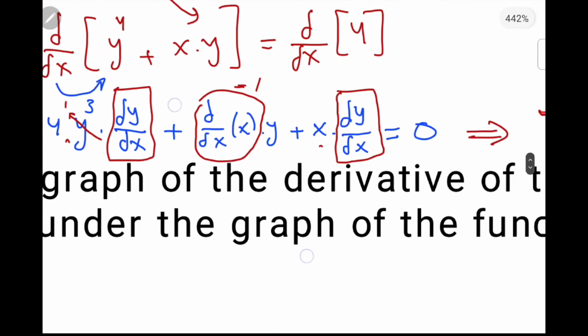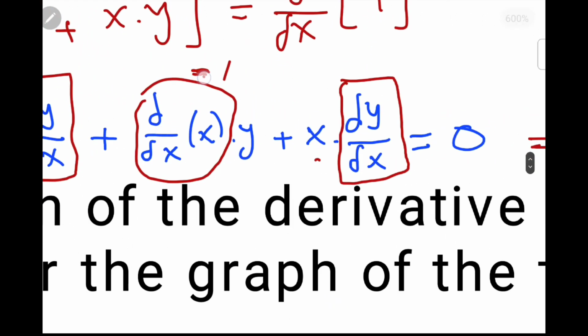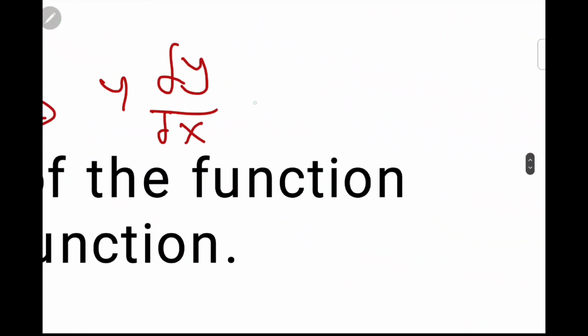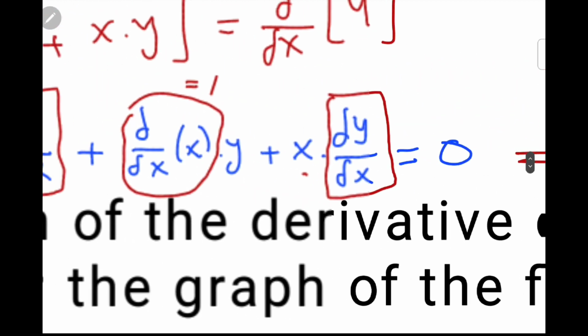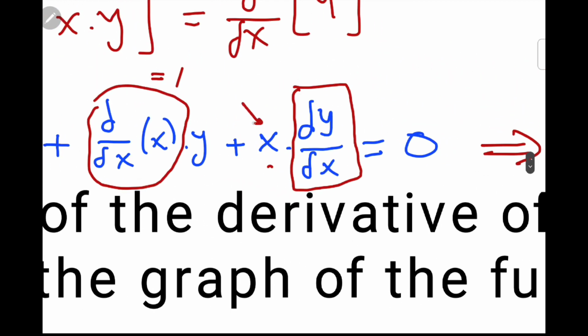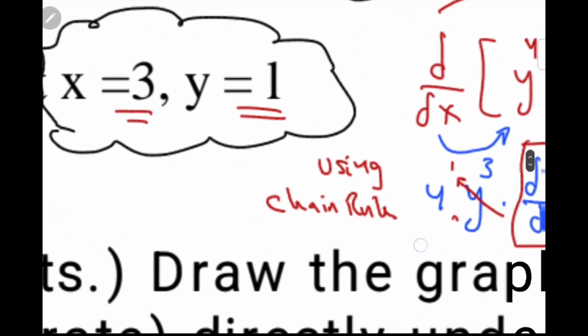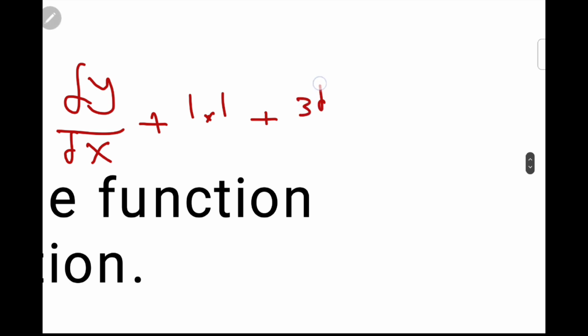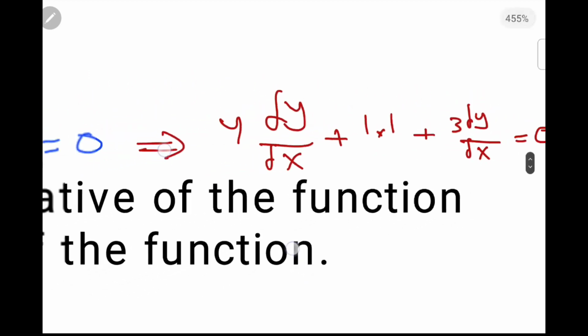The second term is 1 times y, and y is equal to 1, so 1 times 1 is just 1. Plus here x is equal to 3, so 3 times dy by dx, so 3 dy by dx, equal to 0.